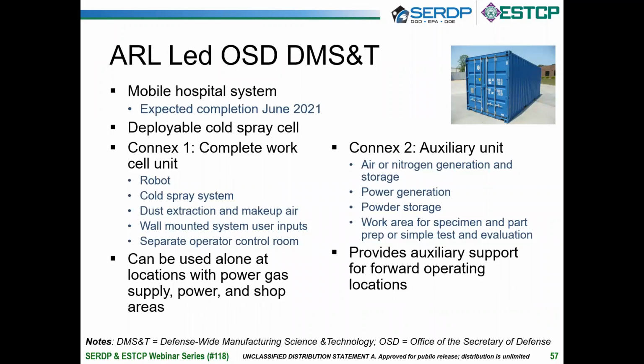With a 2-connex setup, you can drop it at any forward operating base or airstrip or even a depot that doesn't have the equipment on hand, and then they can operate the equipment for whatever period of time to fix parts, and then it can go away and go somewhere else.